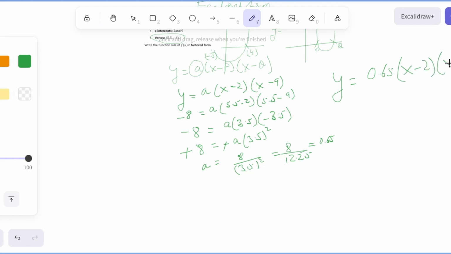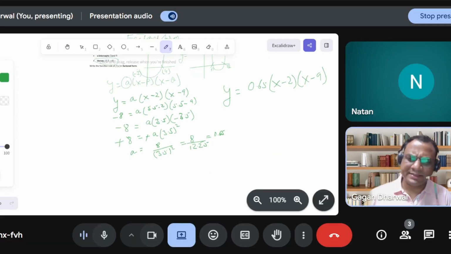times (x minus 9). So basically, the factored form of a parabola is y equal to a times (x minus p) times (x minus q), where p and q are the x-intercepts of the parabola. But again, here we need one extra point the parabola passes through so that we can find the value of a. A is the same thing we were doing in the vertex form. It will tell us whether it's a vertical compression or stretch based on its value.